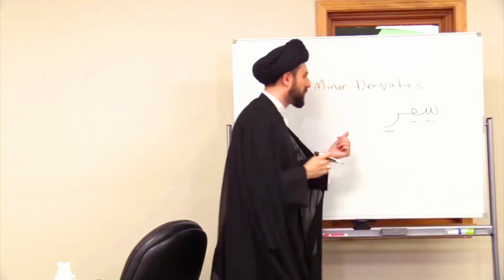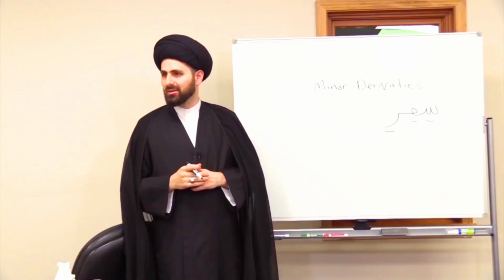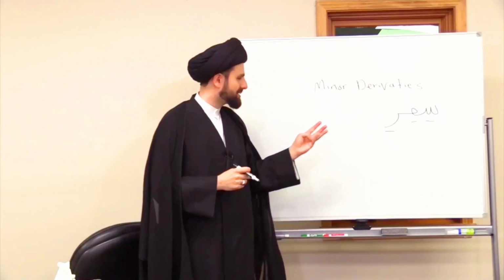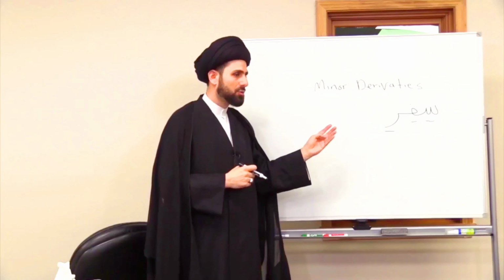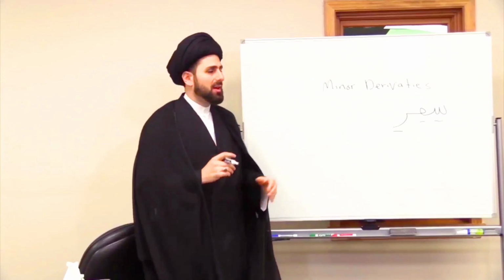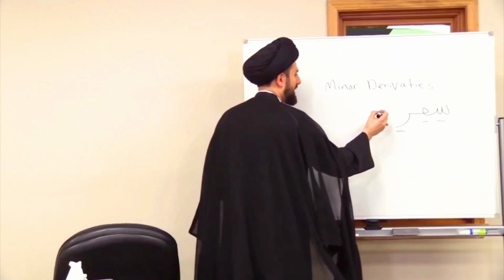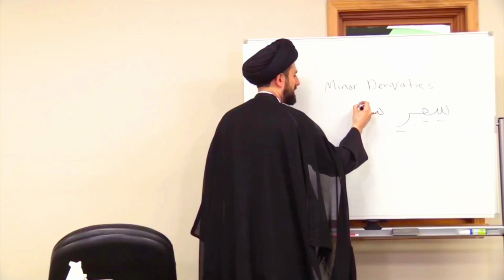In Arabic, the word safar is composed of three letters. The sin, the S, the fa, which is the F, and the ra, which is the R. Now, safar means to travel, right? If you want to say he is traveling, you want to make it a verb, you would say yusafiru.